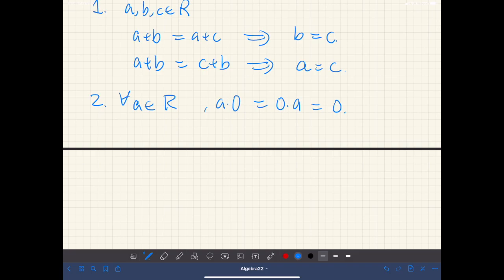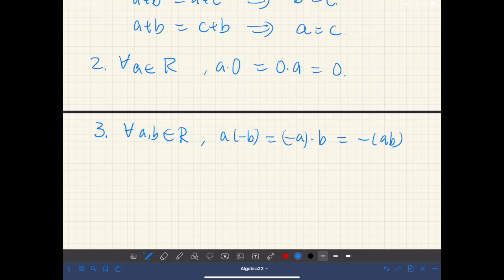So multiplication by 0 gives 0 for any element. And third, for all A, B in the ring, we have A times negative B is equal to negative A times B is equal to negative AB.